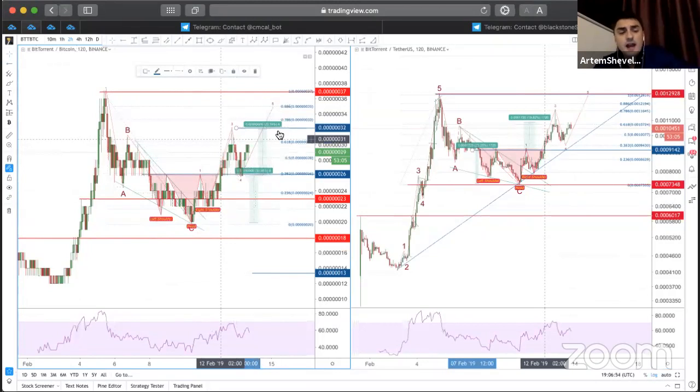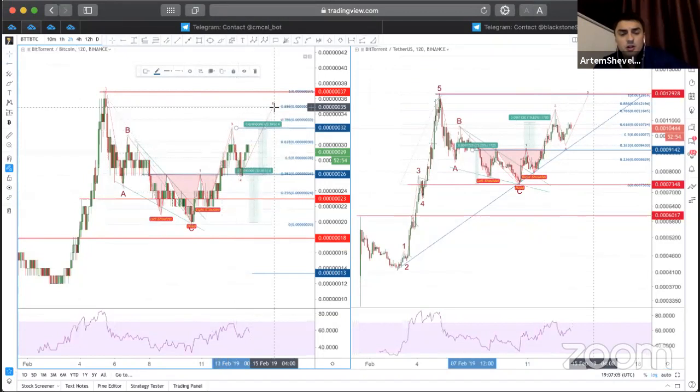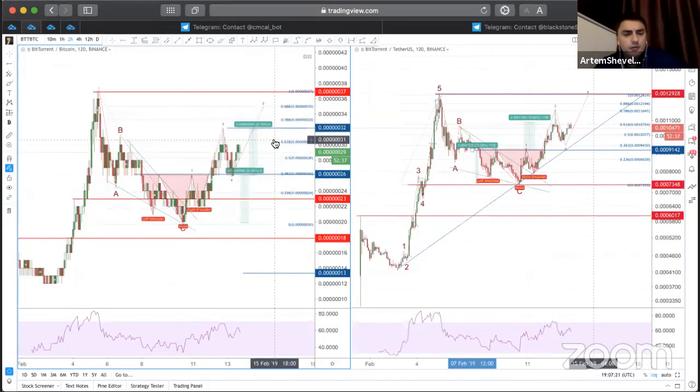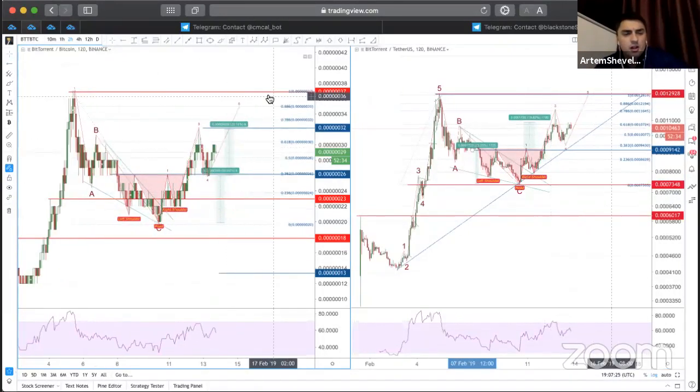So what I can expect from price action is the continuation of the Elliott waves impulse model 1, 2, 3, 4, and 5. But entering here is way riskier than you can think. I don't really like how it looks on this chart, because if we're going to see this 1, 2, 3, 4, 5 impulse leg, after it we probably should expect a correction wave, right?